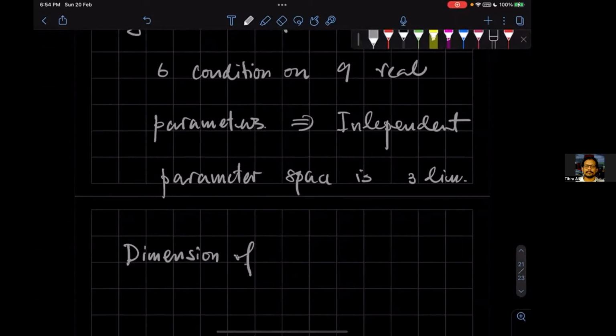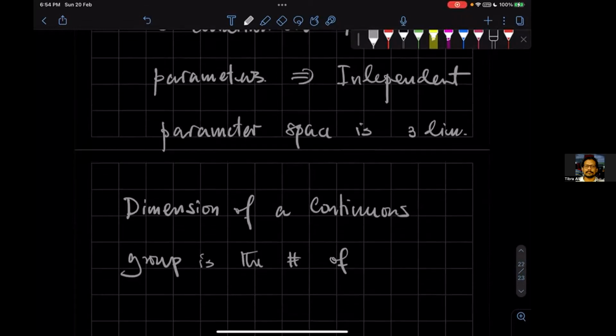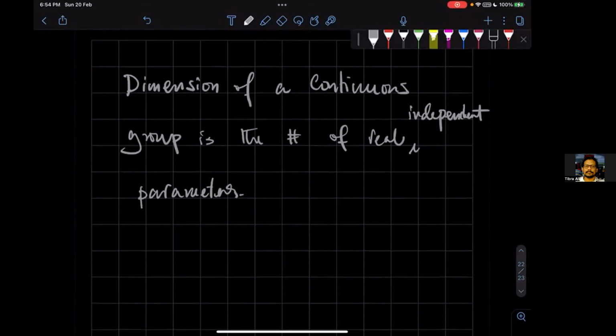So the dimension of a continuous group is the number of real independent parameters. Okay, so we can say that the dimension of O3 is 3, right? Which is 9 minus 6.